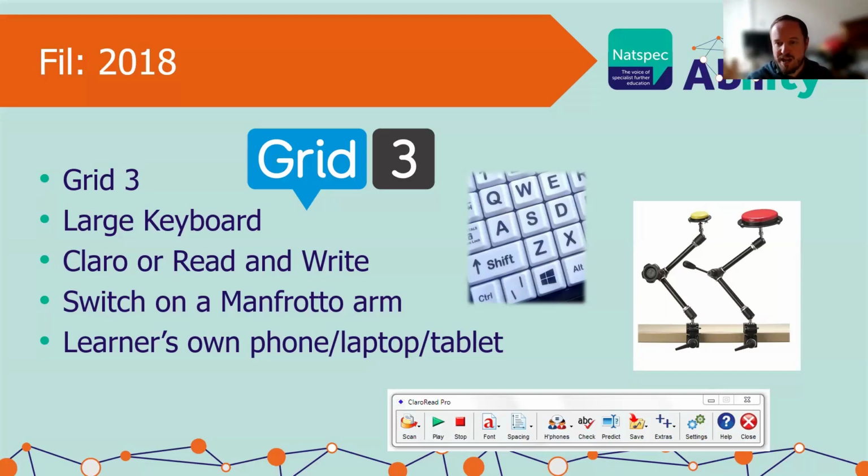There's a yellow switch and a red switch, and they're on those kind of right angle bars. You can adjust those and move them into different positions. They're heavy duty, and I've certainly seen some bashed around an awful lot, and they work very well. And then, interestingly enough, a learner's own phone, laptop, or tablet, so bringing their own device.